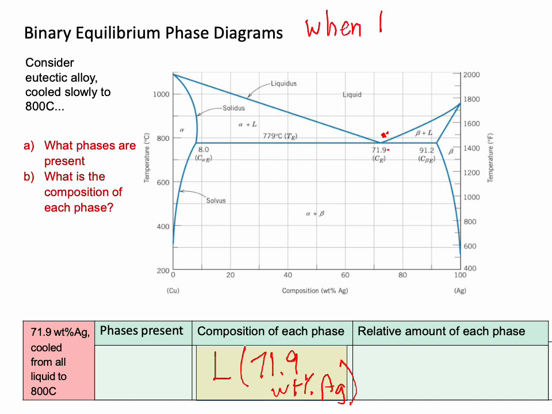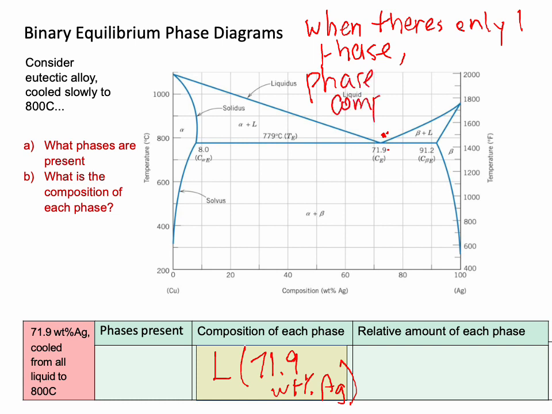When there's only one phase, the phase composition is equal to the alloy composition.